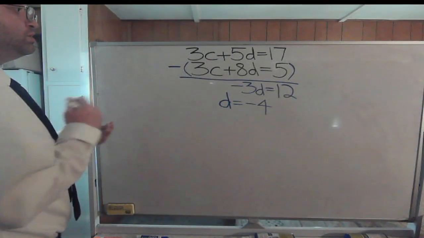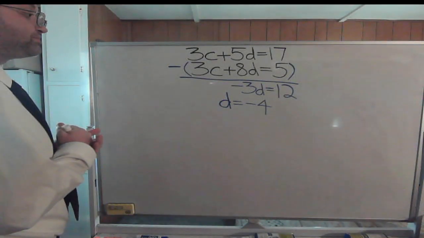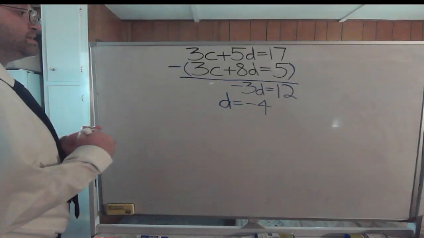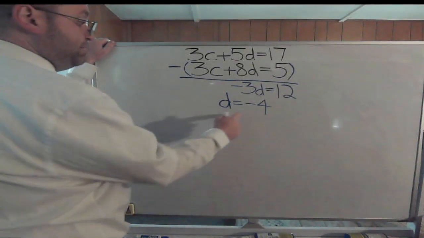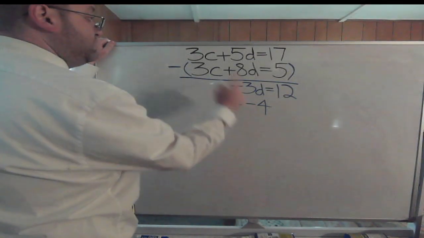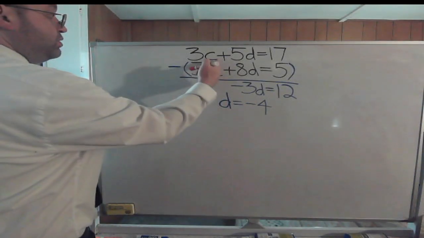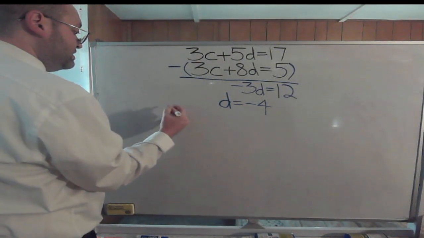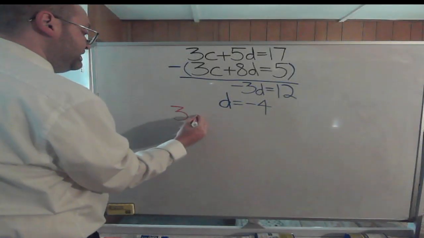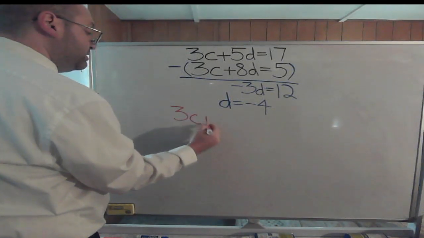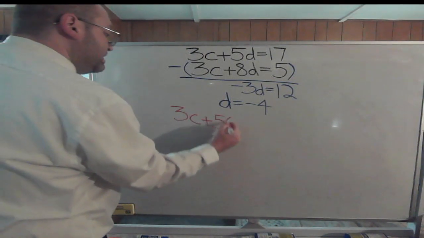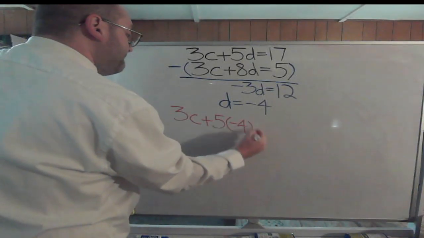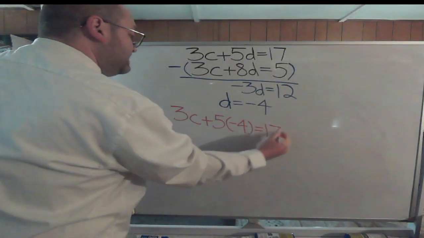So now what we have to do is solve for the c coordinate by putting the value of the d coordinate into one of the equations. I'll go with the first one, the 3c plus 5d equals 17. So let's see, we'll have 3c plus 5 times negative 4 equals 17.